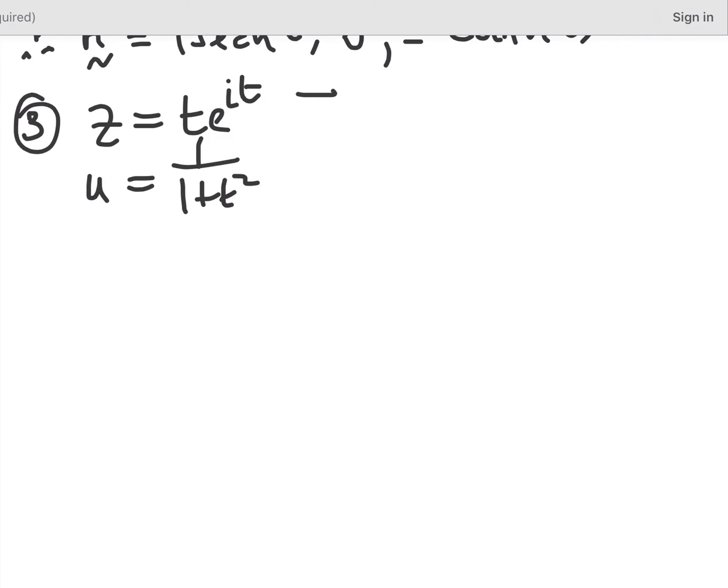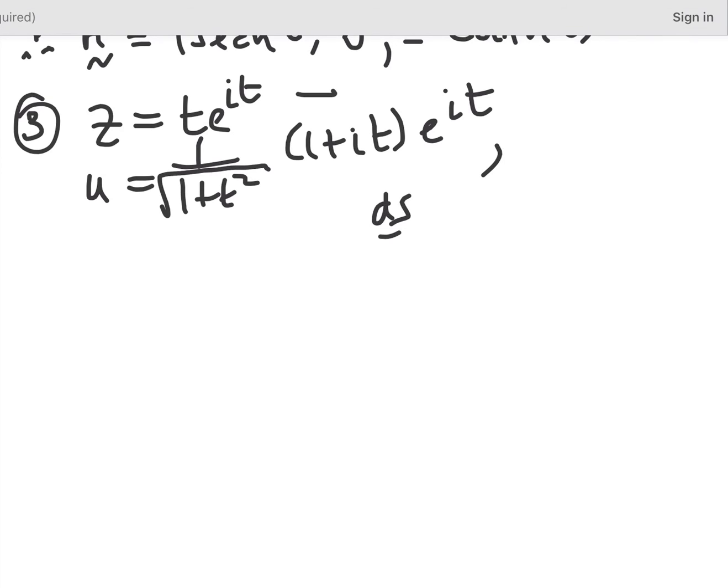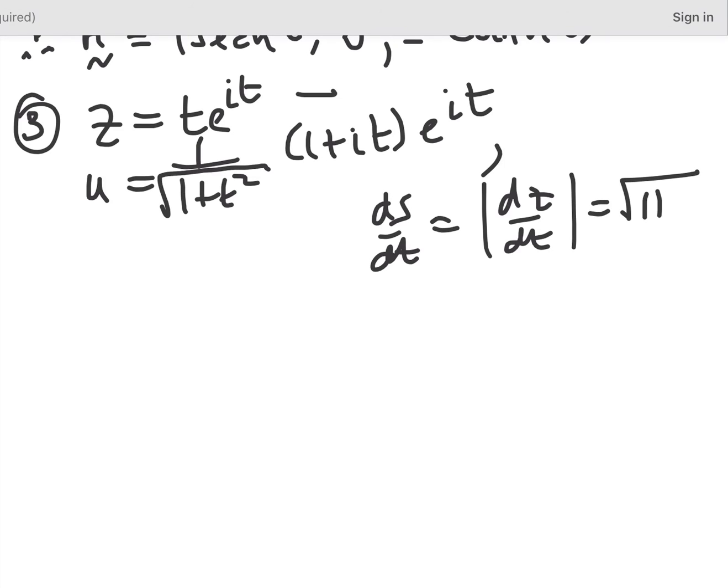In the third example, if you looked at z equal to t e to the i t, we showed that the unit tangent, not the unit tangent vector, just the unit tangent, is 1 over square root of 1 plus t squared, times 1 plus it, e to the it, and we also showed that ds dt, which is the mod of dz dt by definition, z replaces the r dots, is square root of 1 plus t squared. That's what we had before.